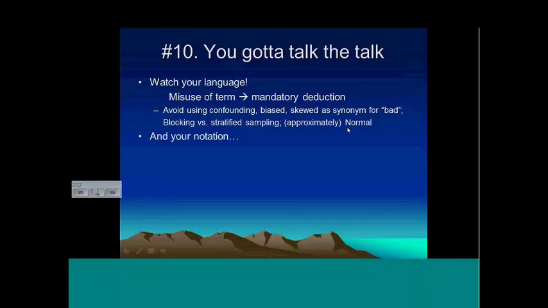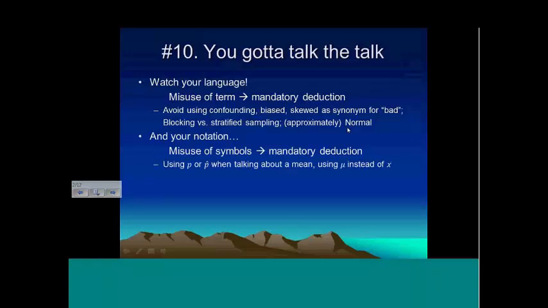The other thing that you have, besides the language, is your use of notation. So when you are using symbols, you have to use those correctly too. A couple of common examples. When students are talking about means, sometimes they unfortunately use the notation like p or p hat, which really means they're talking about a proportion.